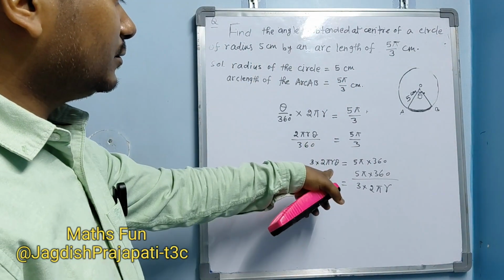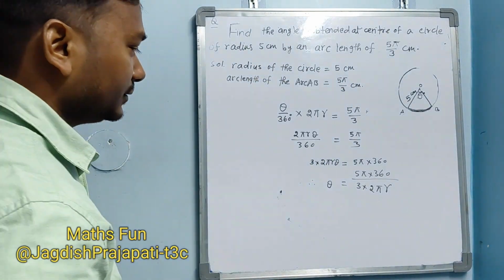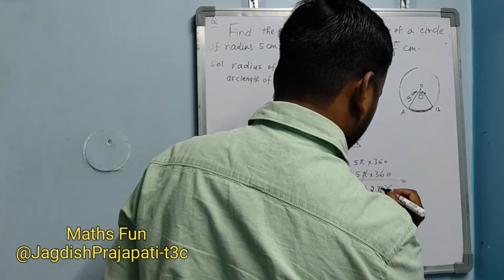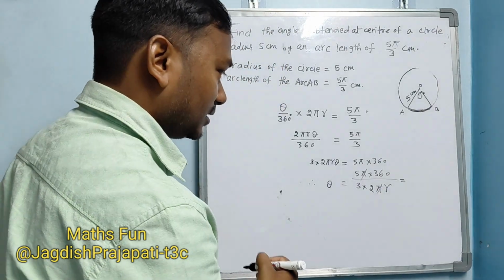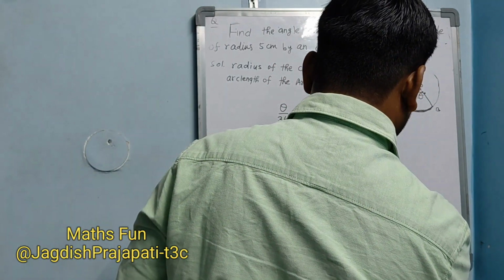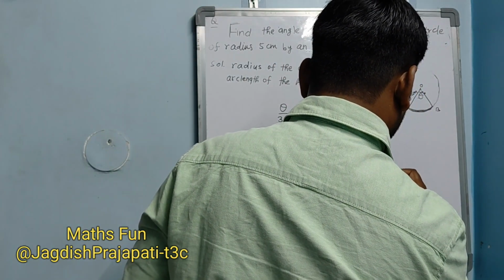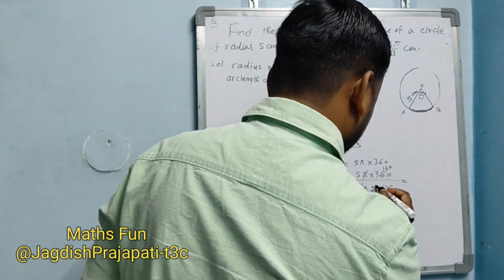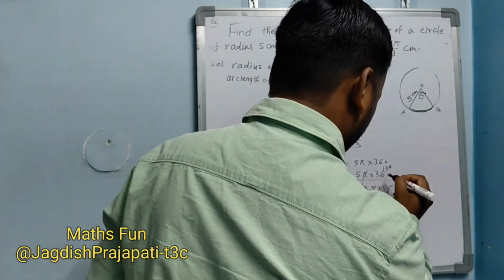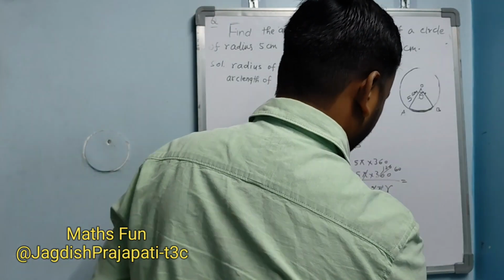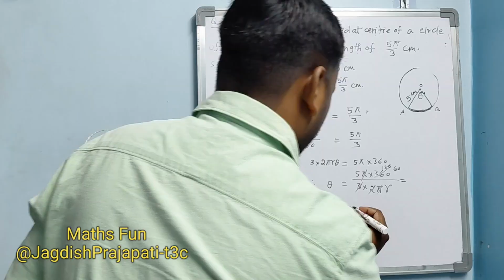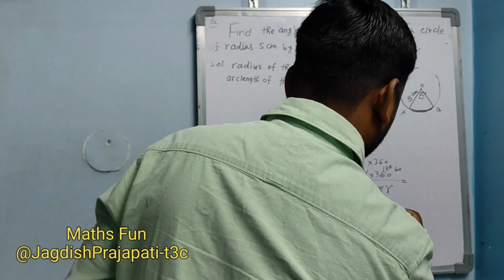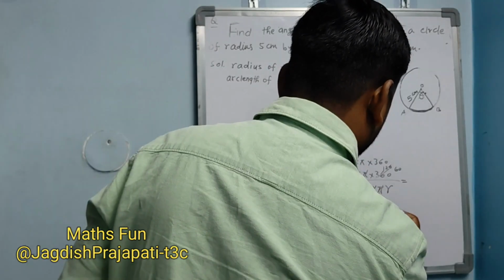Since r is known, it is given. Now see, this pi will be cancelled out. 3 ones are 3, 3 twos are 6. Now this 2 will divide this 360 into 60 times, so we have 5 into 60 only, not 120.